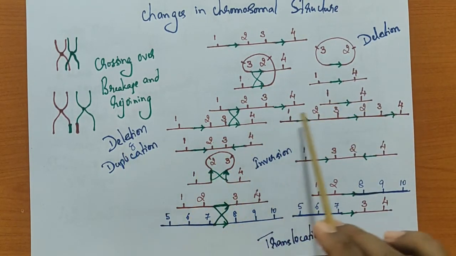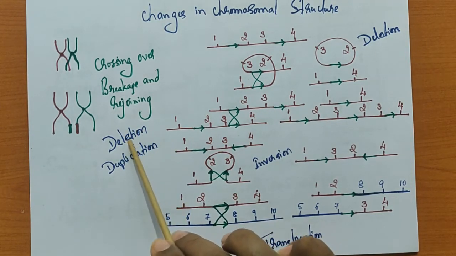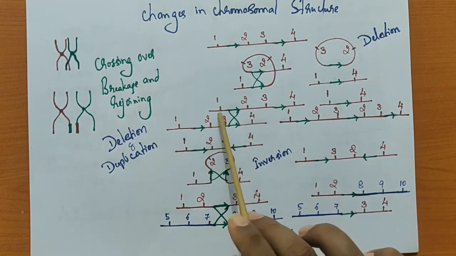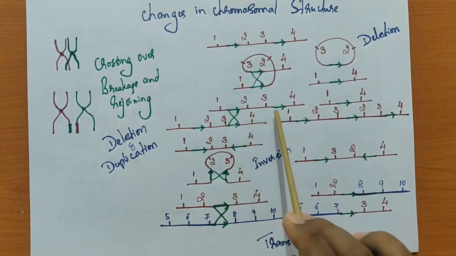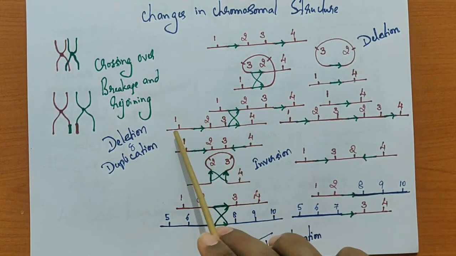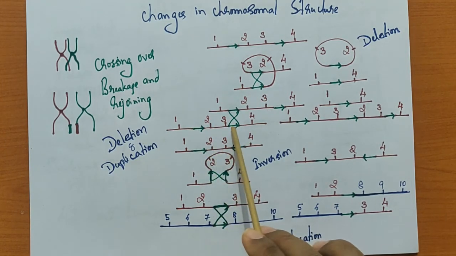Now we will have another example in which deletion takes place. Apart from the deletion, we also have a duplication. Now I will take this 1, 2, 3, 4 with this repetitive unit. Now we have another homologous pairing 1, 2, 3, 4. This also has a repetitive unit.